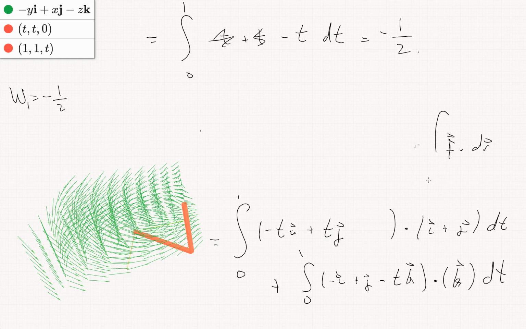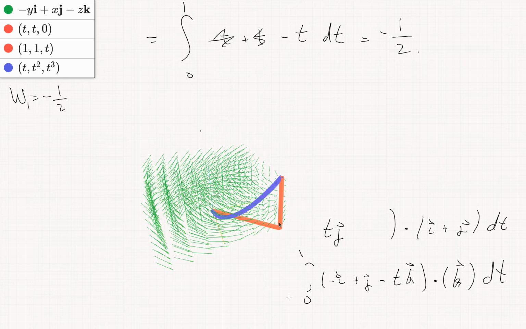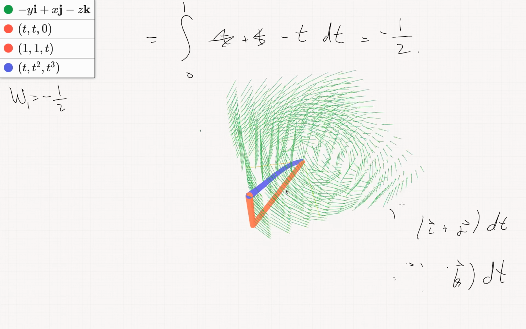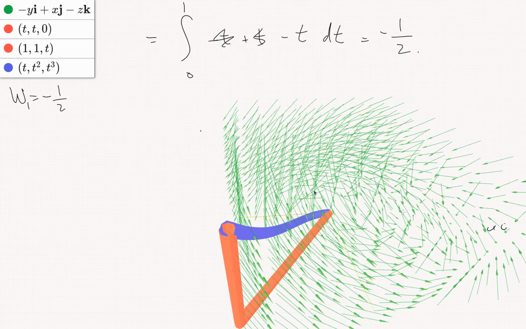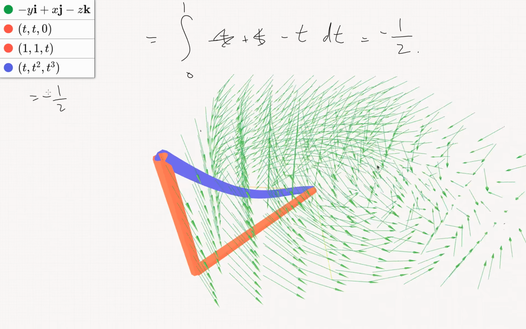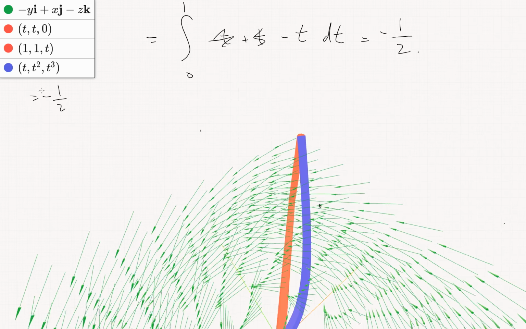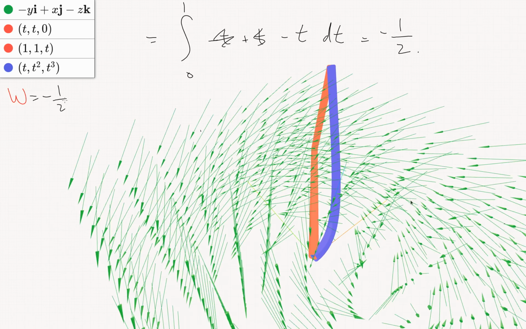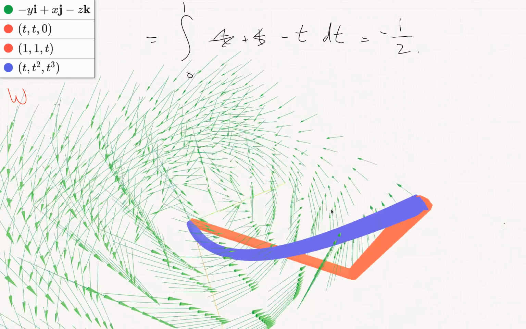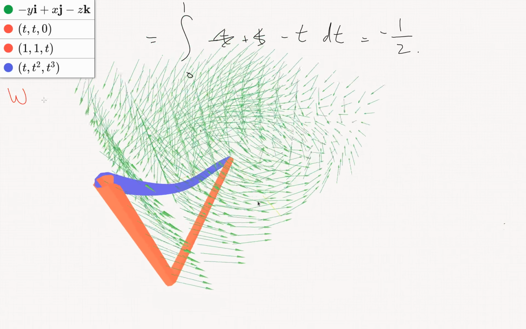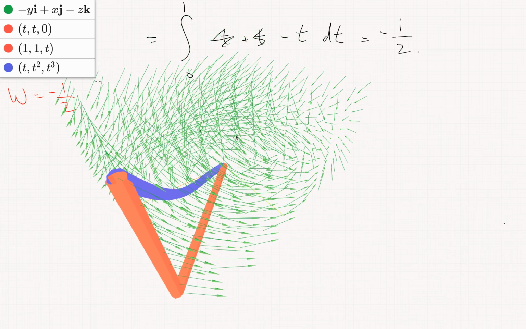And then the second curve we'll look at is this more polynomial curve. Maybe I'll write that the red work is negative 1/2.